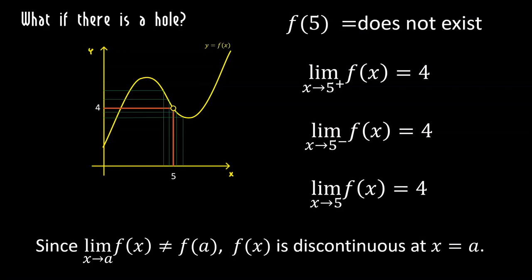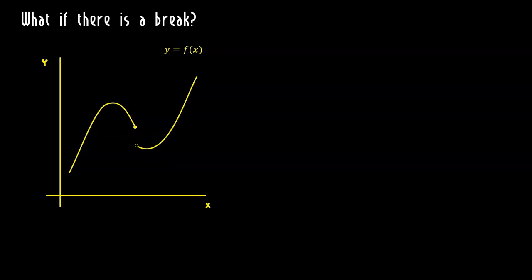There's a hole. Well, what if it's not a hole? What if it's a jump? What if there's a break? Well, let's try it again. Let's say I'm going to just call this 5. It looks like the open hole is at 4 and the closed dot is at 6, which means f of 5 would equal 6. But again, we don't care what actually happens at 5. We want to know what happens as we get closer to 5. Let's plug in numbers closer to 5 from the positive side.